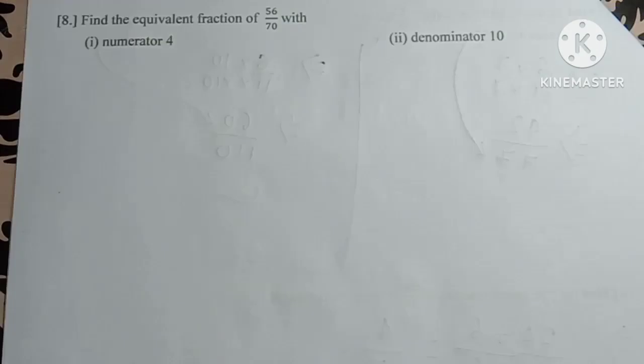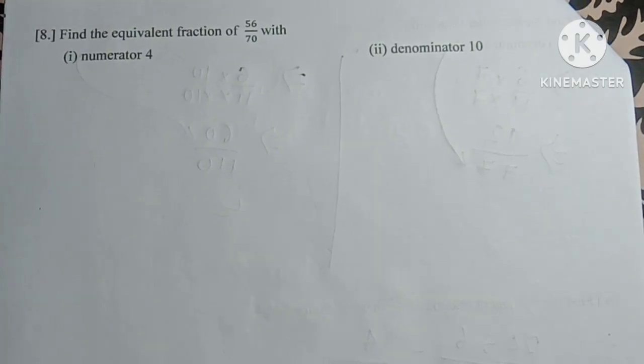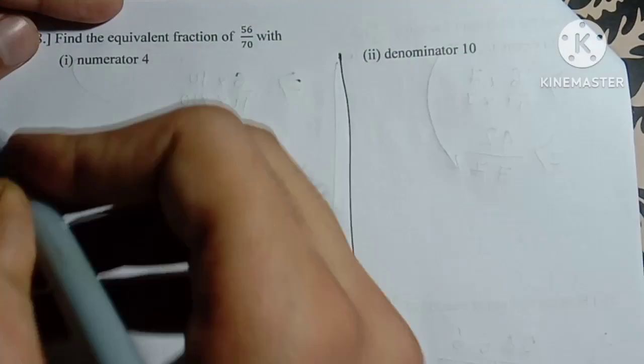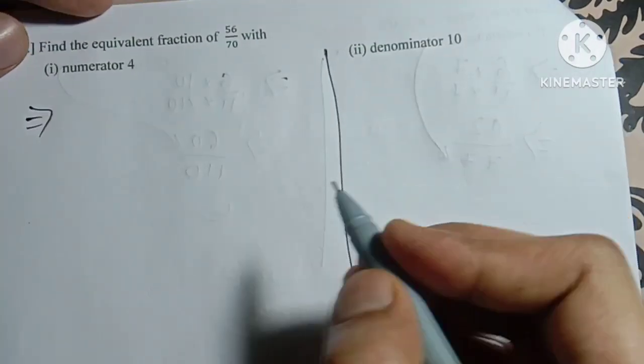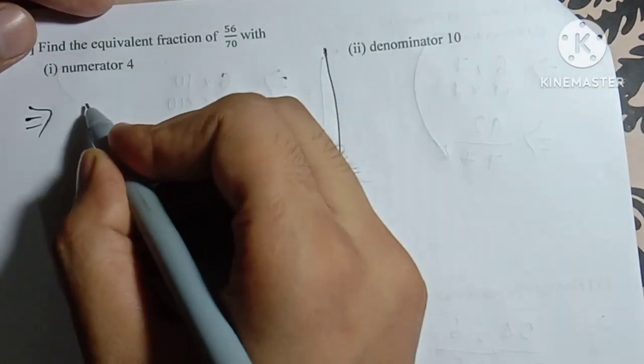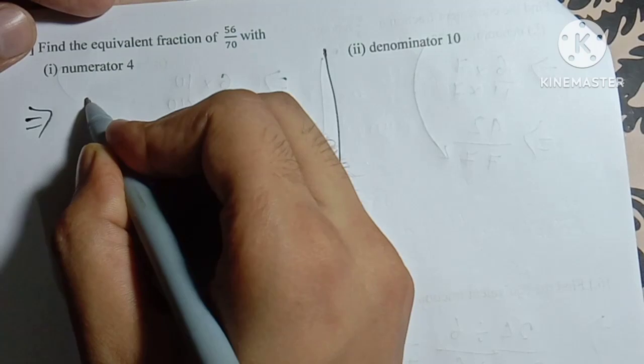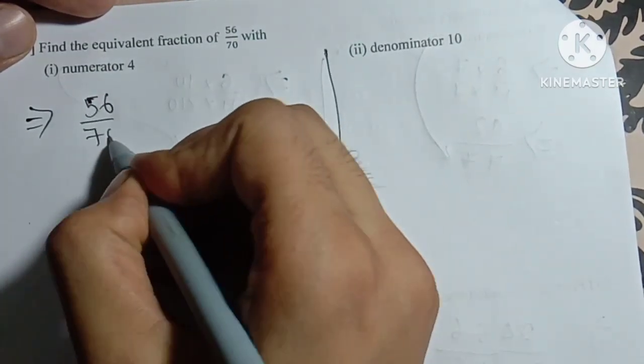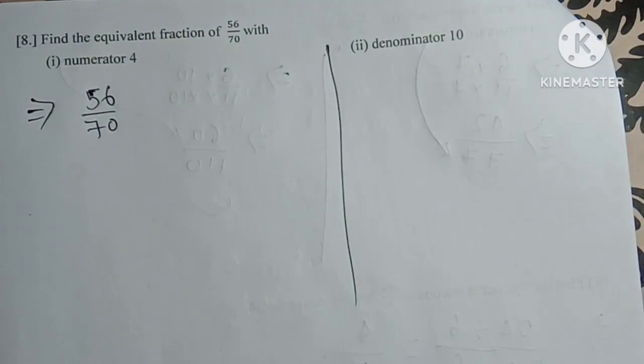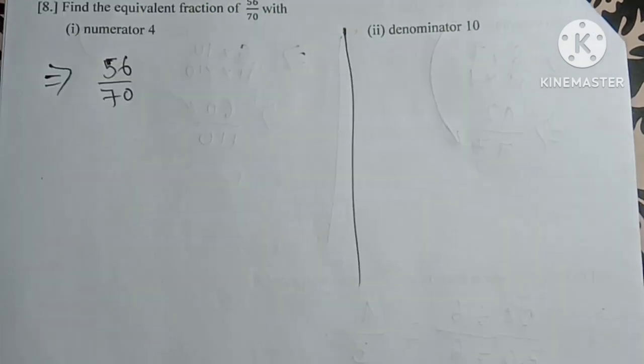The eighth question is saying the same thing. Find the equivalent fraction of 56 by 70 with the numerator 4. Now, how will we get numerator 4? If you see the table of 14, 14 fours gives 56.